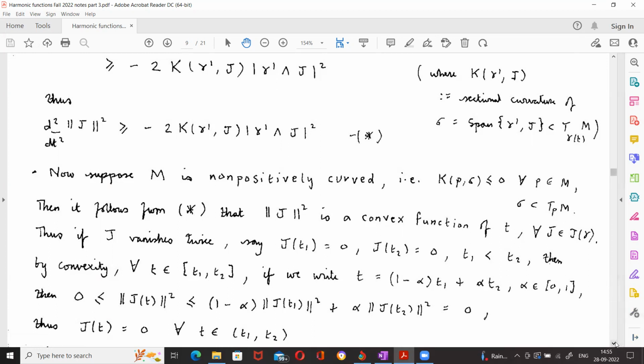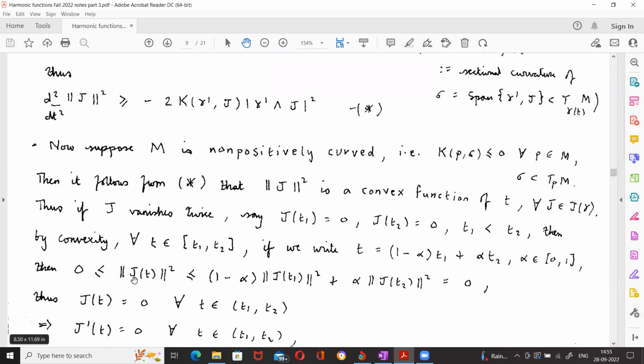And so then norm J(t) squared will be less than (1 minus alpha) norm J(t1) squared plus alpha norm J(t2) squared, by convexity. And both of these are 0. So this will be 0. So therefore, norm J(t) will be 0 for all t in the interval t1 to t2, right?